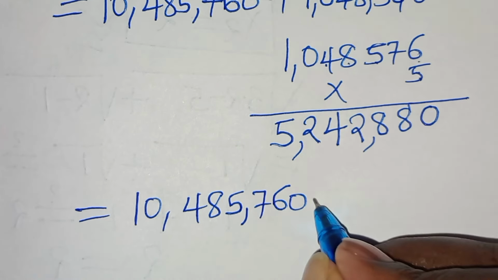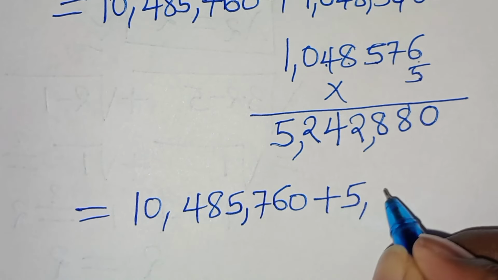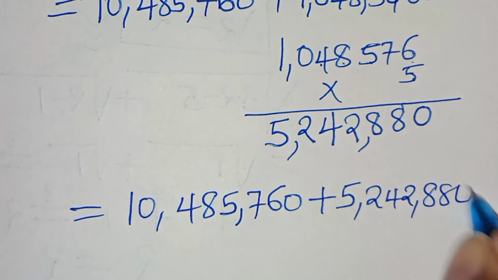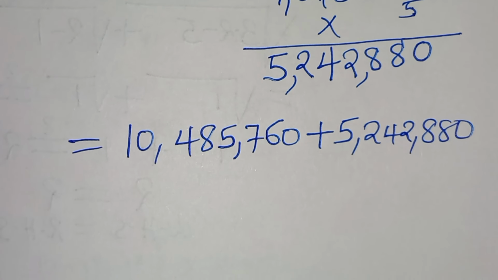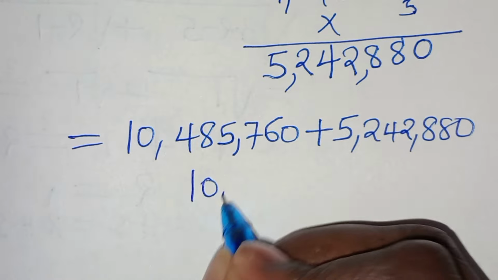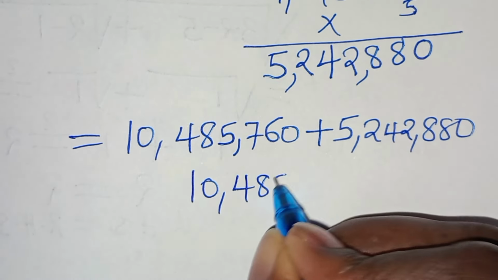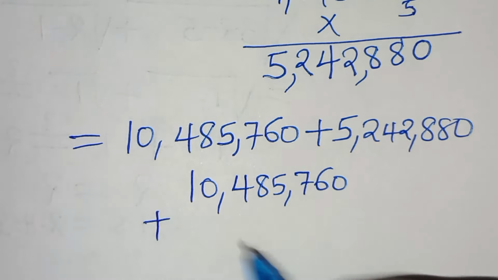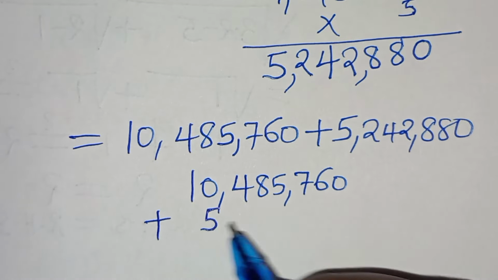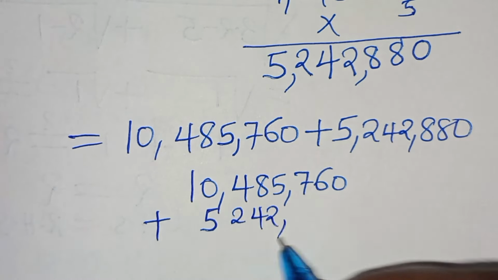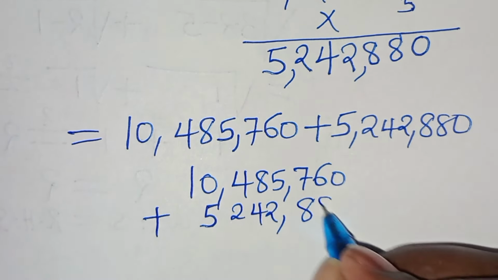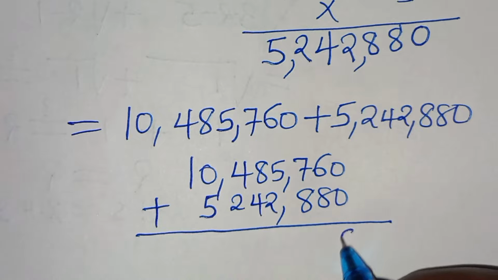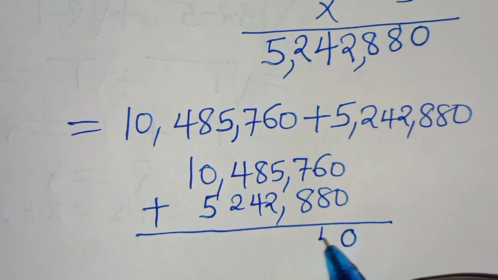So this means we have 10,485,760, then plus 5,242,880. So let's sum this. 0 plus 0, this is 0. 6 plus 8, this is 14.